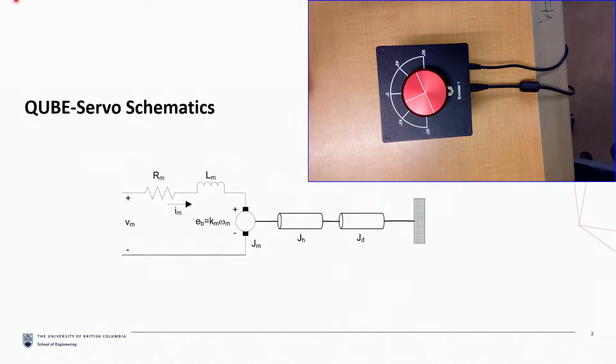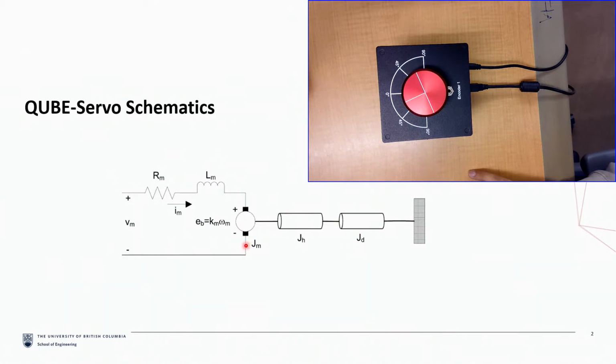So next we'll be deriving the equations that govern the dynamics of the servo mechanism. You can see in this schematic that we have basically an electrical and a mechanical component.